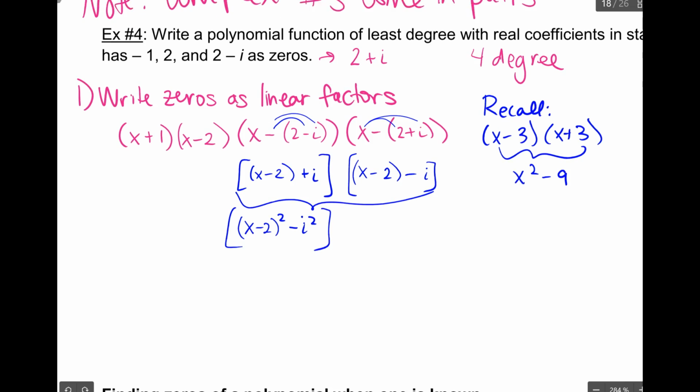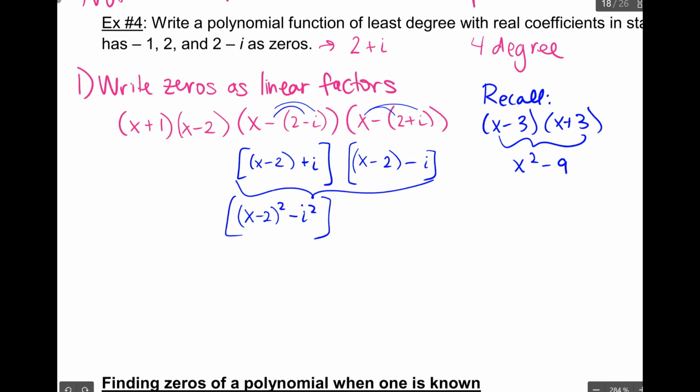Awesome. And then we can just FOIL this out. Let's see. x minus 2 squared, so it's x minus 2 times x minus 2. So I have x squared minus 4x plus 4 minus i squared.